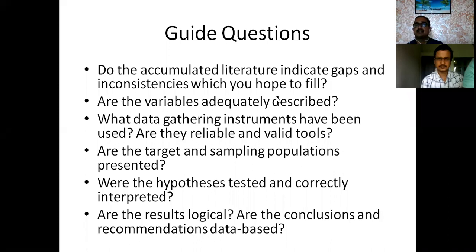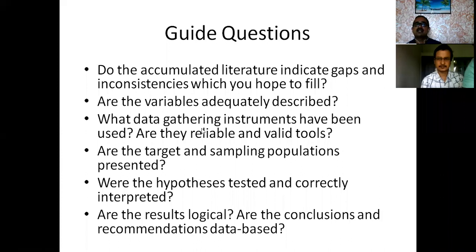Means your selected literature has reflected the gaps and inconsistencies or not. Are the variables adequately described? If it is not adequately described, then there is a gap, and there may be a point of some argument or disagreement. So this point has to be noted.